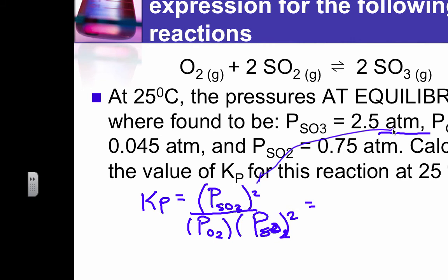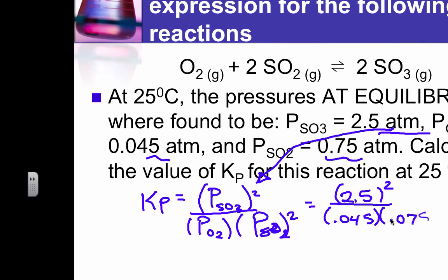Now let's take the values that we're given in the problem and substitute them into the equation. So I take the pressure in atmospheres of sulfur trioxide and square that, divided by the pressure of oxygen, not squared, 0.045, and the pressure of sulfur dioxide, 0.075, no, not 0.75, scoot that over, but we will square that value.